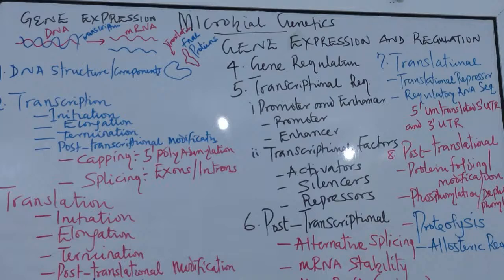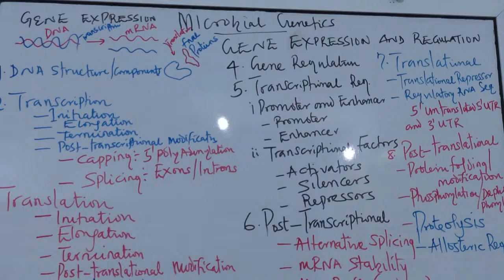It undergoes 4 different processes. The first is initiation. Initiation involves transcription factors, which I told you are of different types, such as TFIIB, and so on, depending on the organism we are considering, either prokaryotic or eukaryotic.